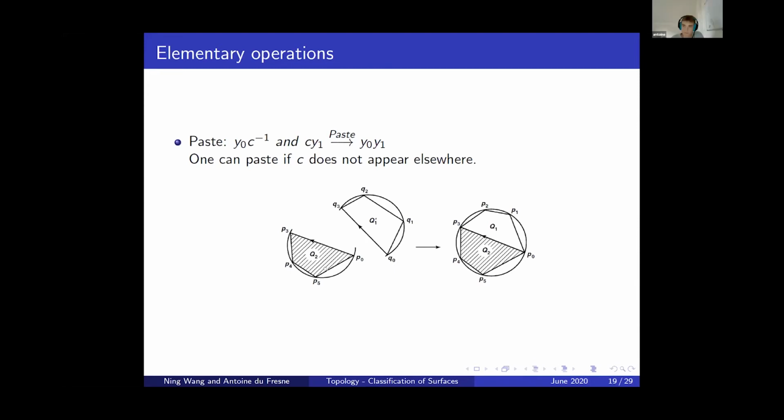Yeah, a priori, it should not appear elsewhere. But at this point, do we admit labelings which are not proper? Yeah, we admit this. So it can be possible that the polygons here do not have a proper labeling.